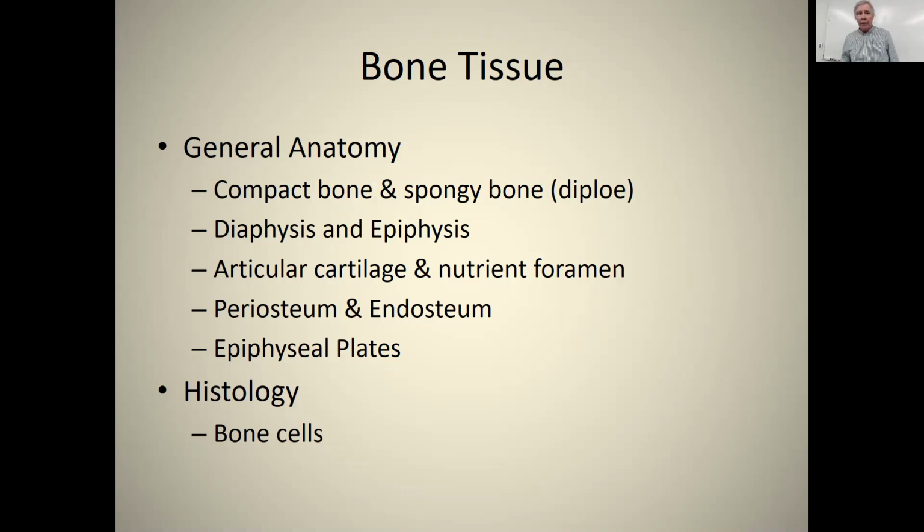They are cartilage plates that allow you to grow taller, that exist as cartilage when you're young and adolescent and growing up, and they ossify at puberty, and then you don't get any taller. Okay, there are several different types of bone cells that we're going to talk about in a later slide.